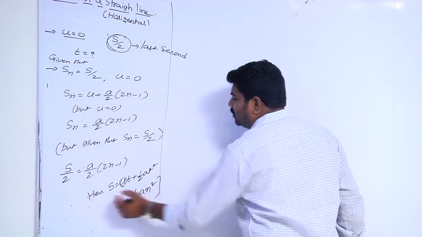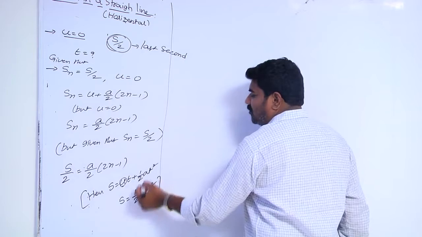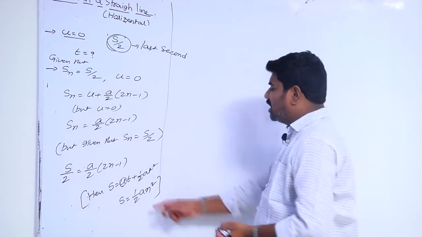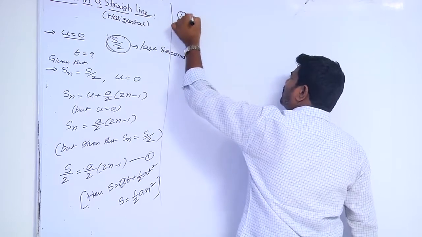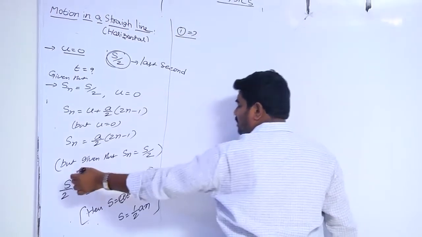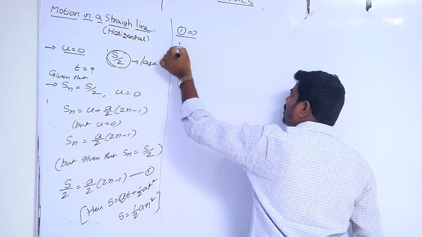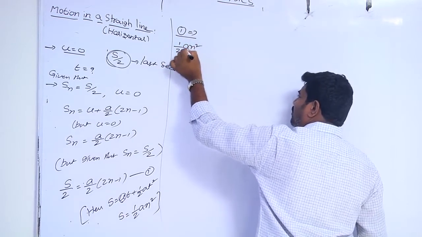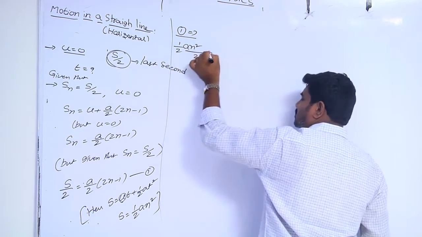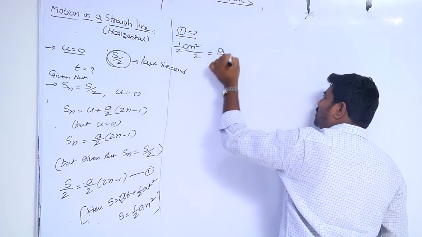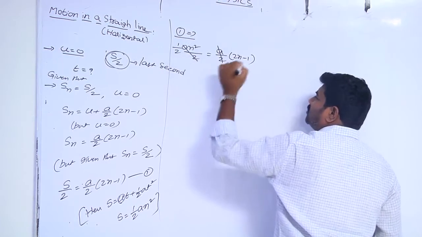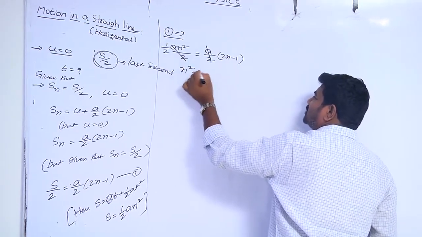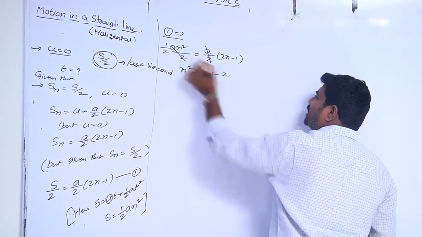So we take S is equal to half at square, t is nothing but n, so half a n square. Equation number 1 implies S is equal to half a n square, and S by 2 is equal to a by 2 into 2n minus 1. A by 2 cancels. n square is equal to 4n minus 2.